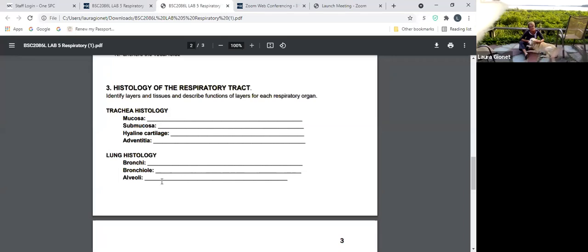So now we end in the alveoli. And just like a capillary, it is a layer of simple squamous epithelium. So you'll have the wall of the alveoli, simple squamous epithelium, adjacent to a capillary wall, which is also composed of simple squamous epithelium.